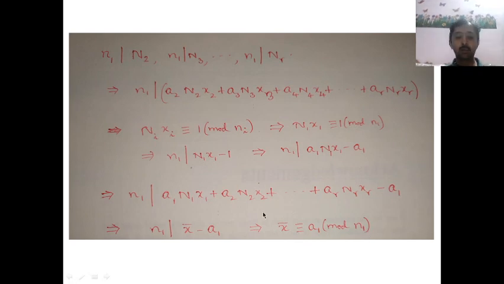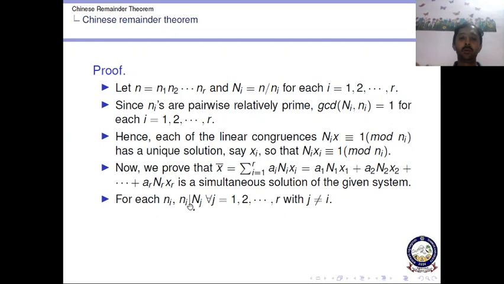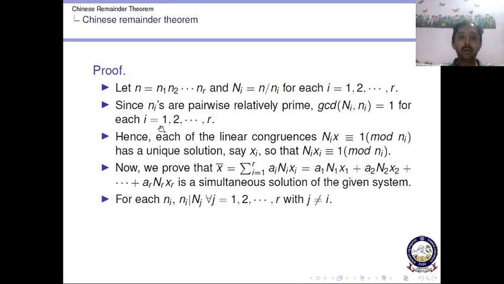Now, this is given generally here in the following steps. So, first of all, as we saw here, n1 divides each of the capital Ni's except capital N1. Accordingly, small ni divides every capital Nj except j equal to i. Correct?